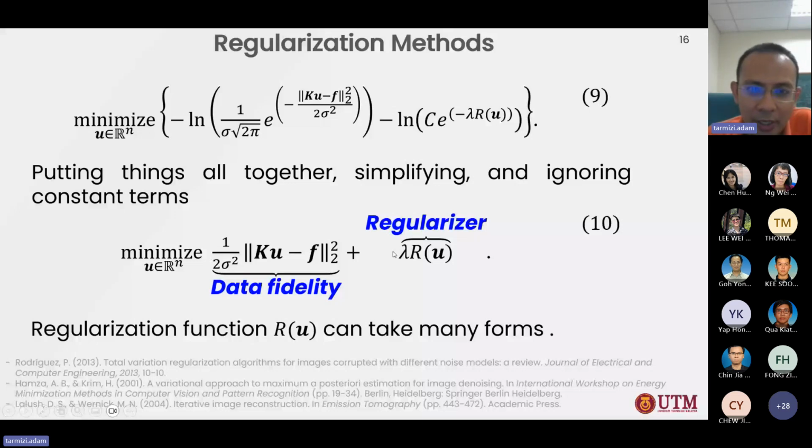That's why I wanted to motivate how they came up with this regularized formula. So you get the data fidelity and the regularizer. This regularizer can take many forms, and we will discuss that after this.